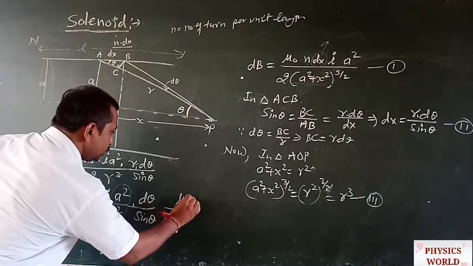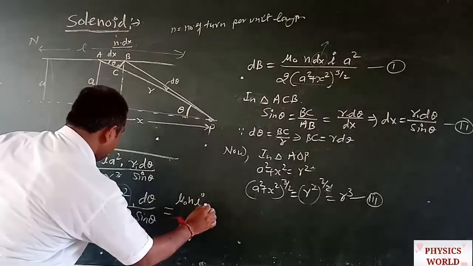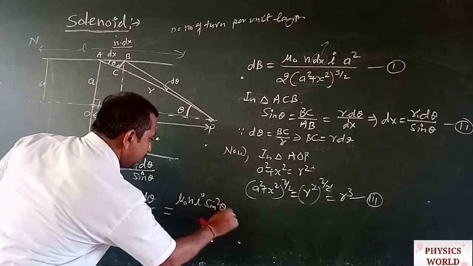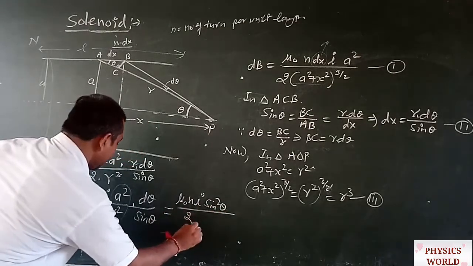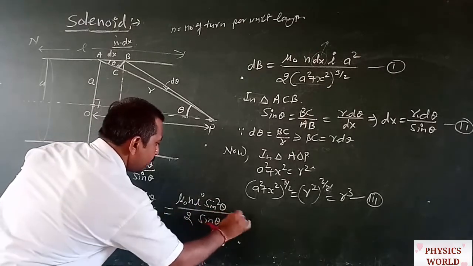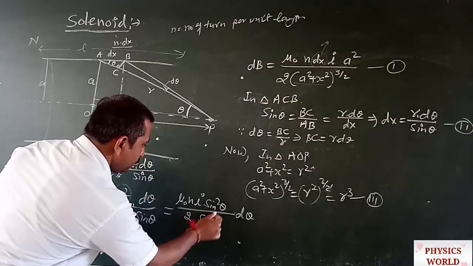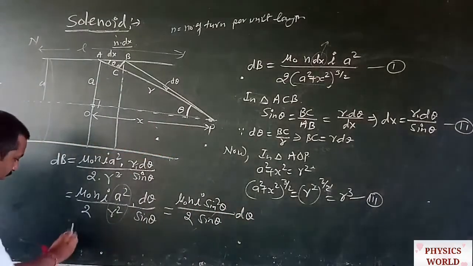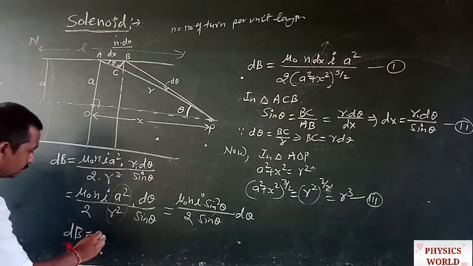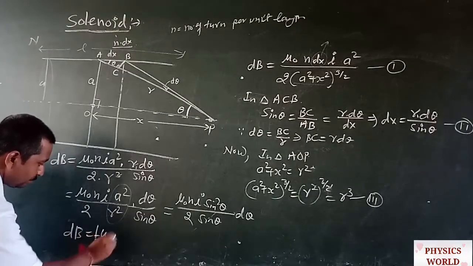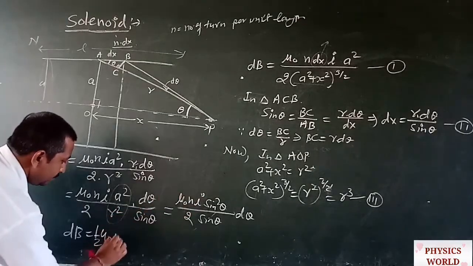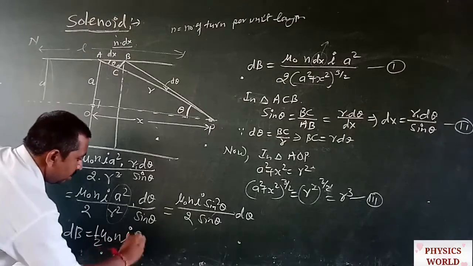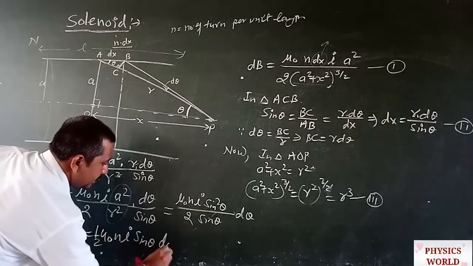So this becomes mu 0 n I sine square theta divided by twice of sine theta dot d theta. One sine theta will cancel, and we get dB equal to half of mu 0 n I sine of theta d theta.